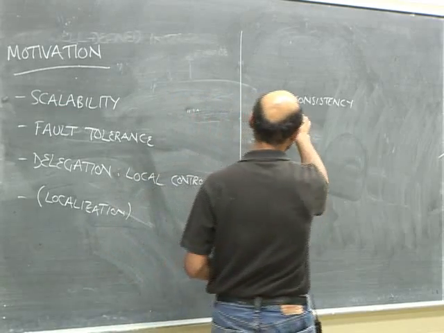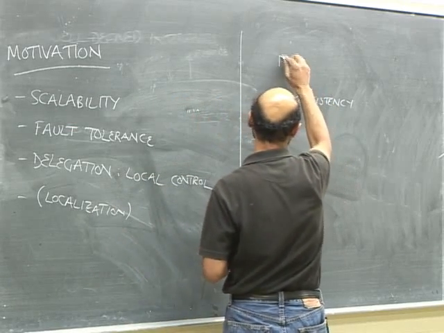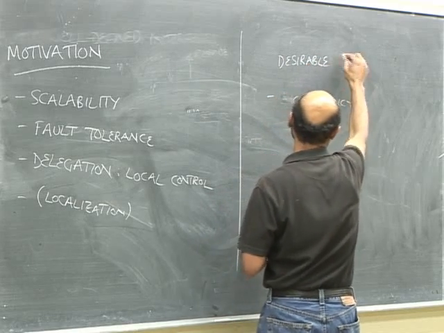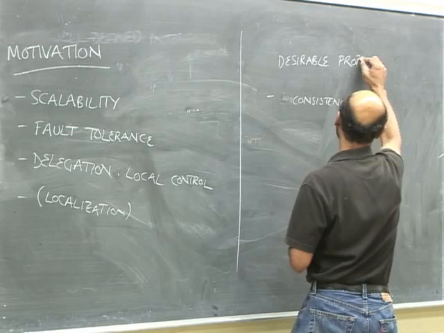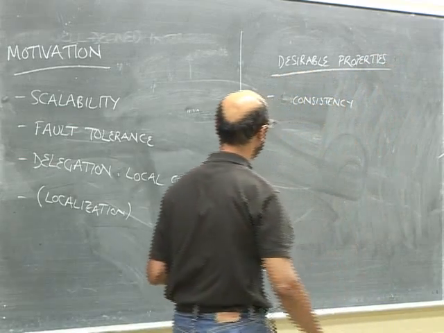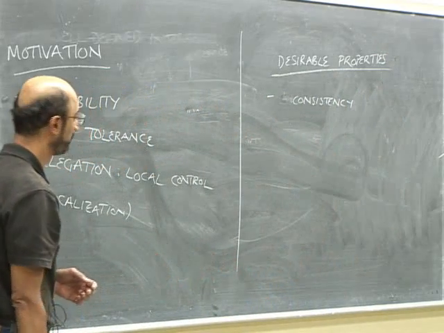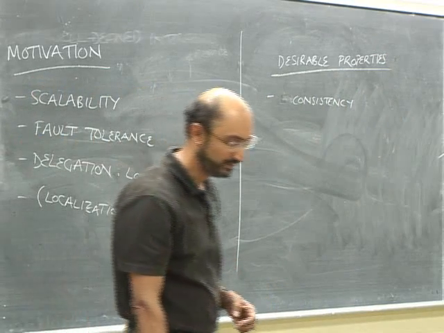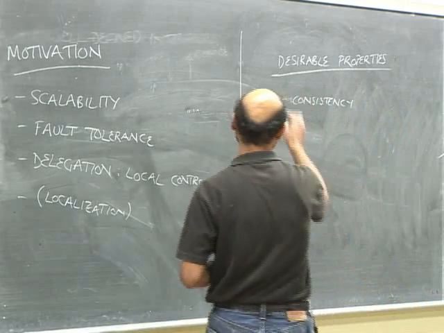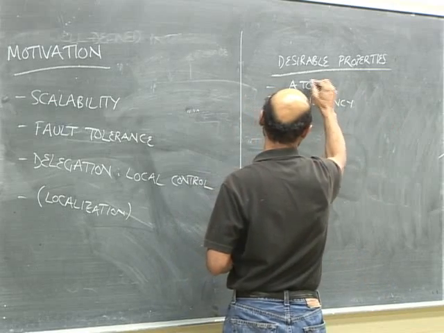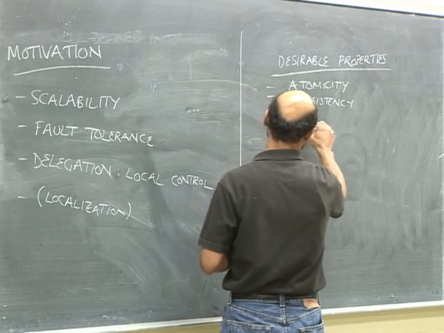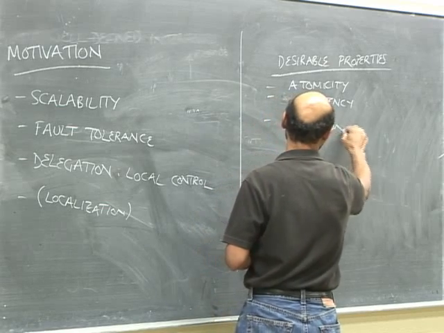So let me change this around and say there are some desirable properties, and we'd like to maintain these desirable properties. I'm just going to write these down, and then we'll go through them one by one, in order.